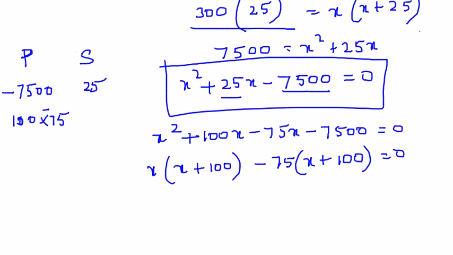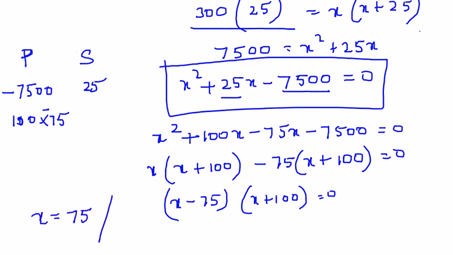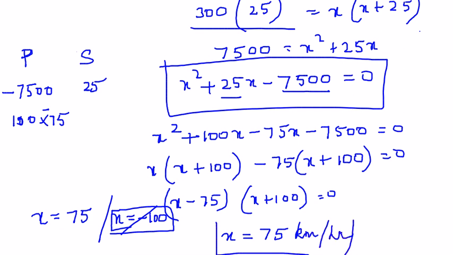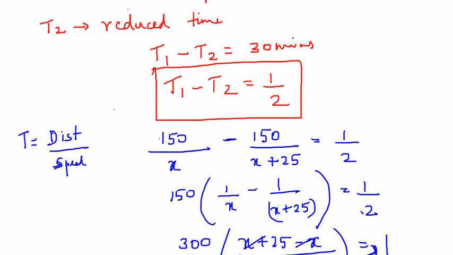So you get x minus 75 into x plus 100 equal to 0. From this x is equal to 75 or x is equal to minus 100. But the speed can't be negative, so we'll cancel it out. So the usual speed of the car is 75 kilometers per hour, and this is your final answer.